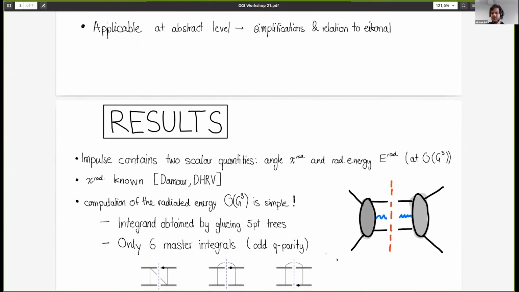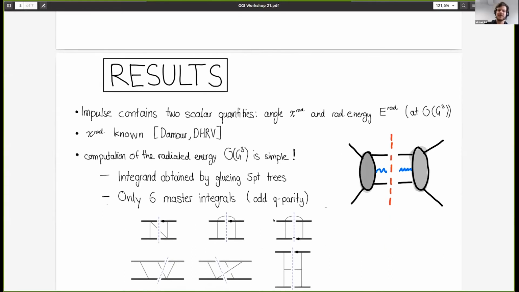Okay, I think then I can already tell you something about the results. So as Enrico was saying, there's two quantities that we are interested in at this level. On the one hand, there's the angle, including radiation, and the radiated energy. At higher loop orders, there might in principle be more angles and more energies.